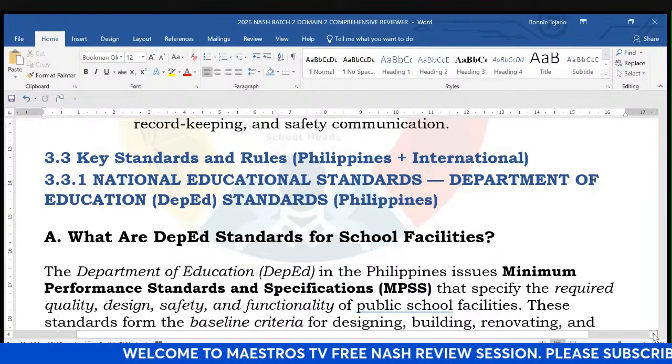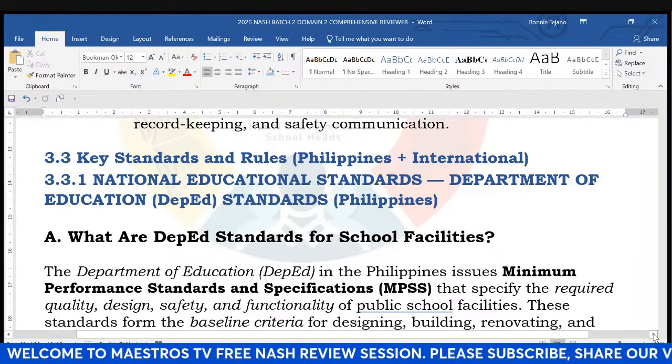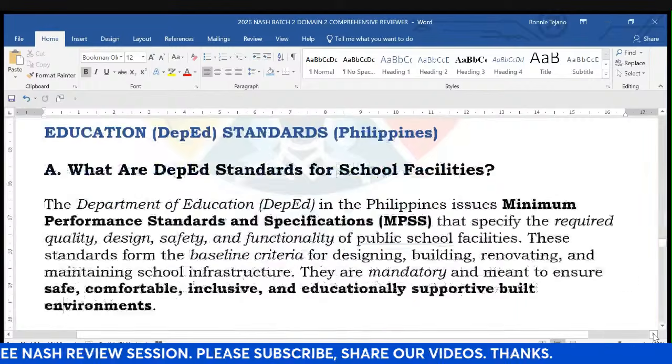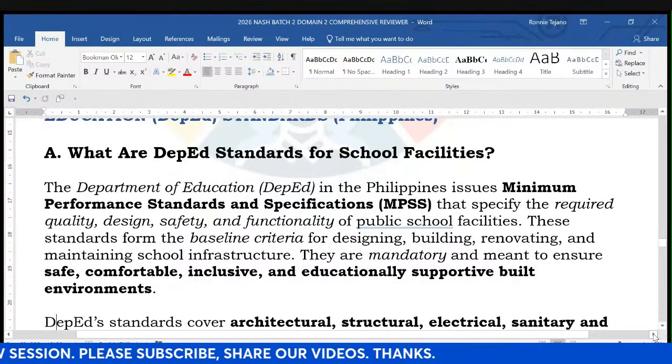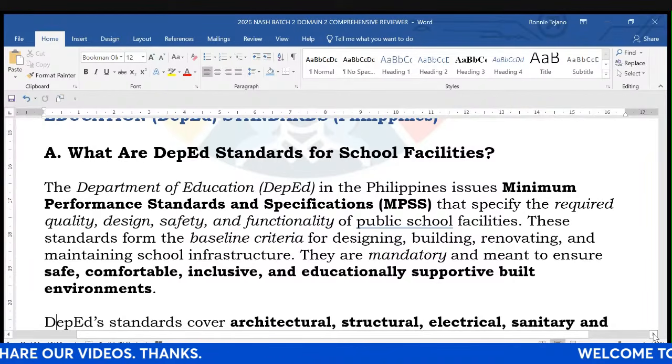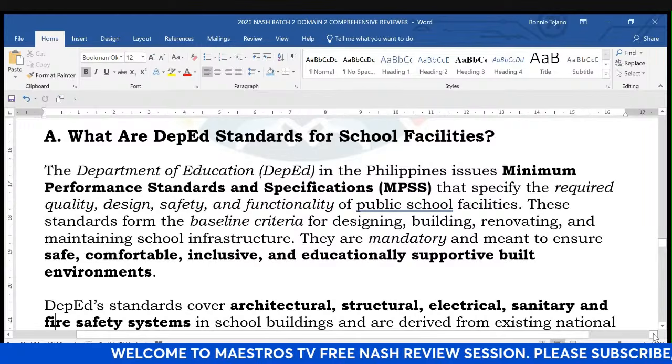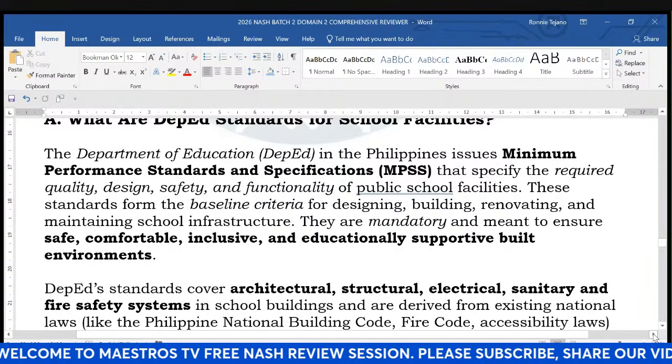DepEd in the Philippines issues the MPSS, or the minimum performance standards and specifications that specify the required quality, design, safety, and functionality of all the public facilities. And these are standards formed on the baseline criteria for designing, building, renovating, and maintaining all the school infrastructures.